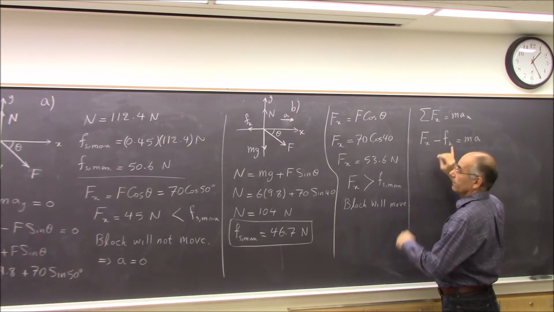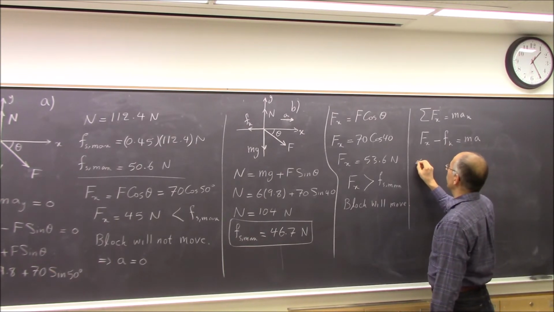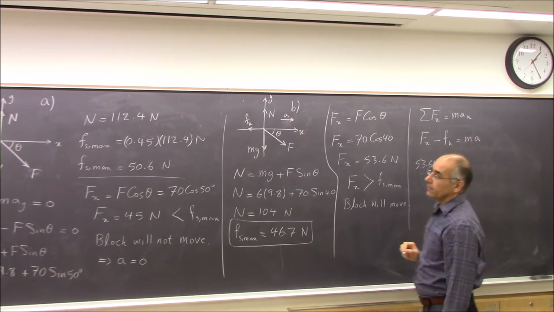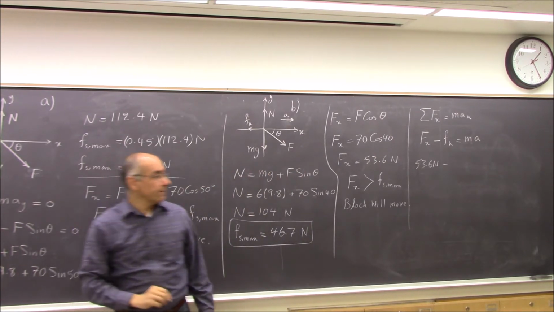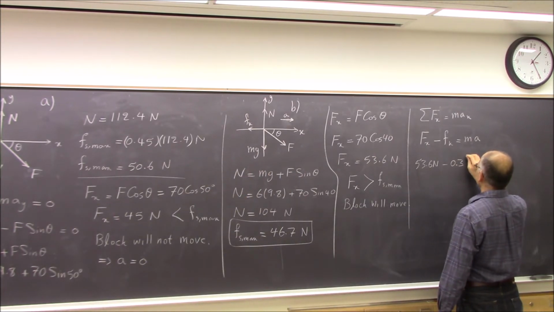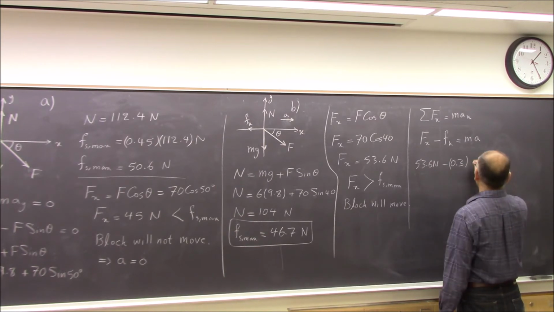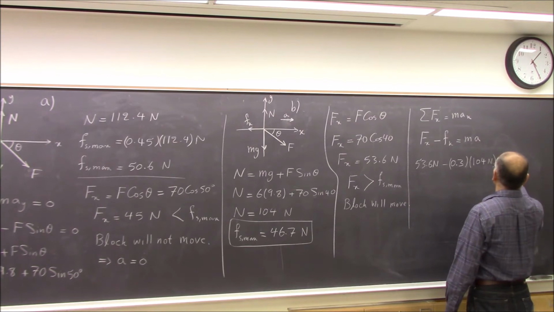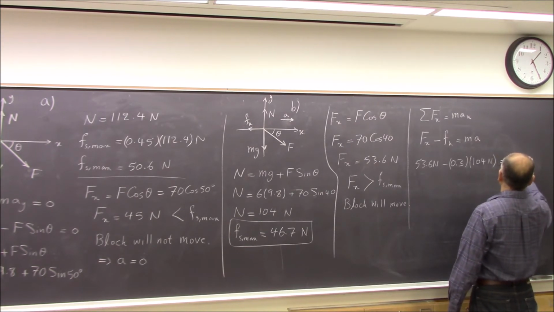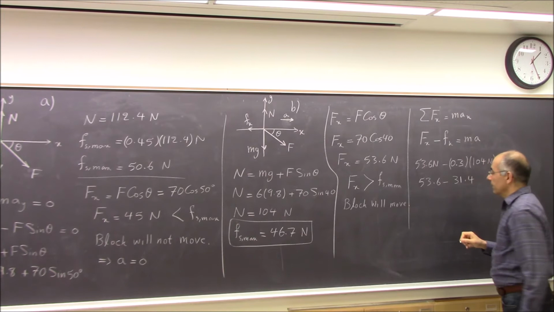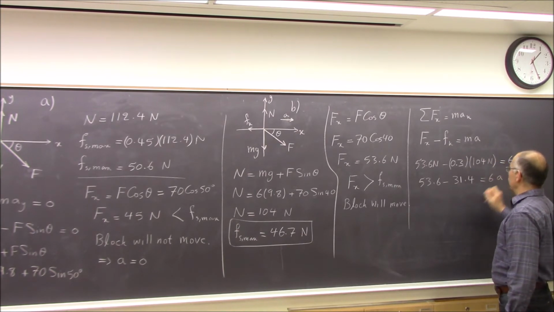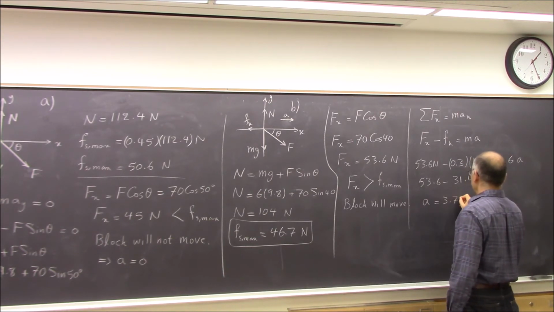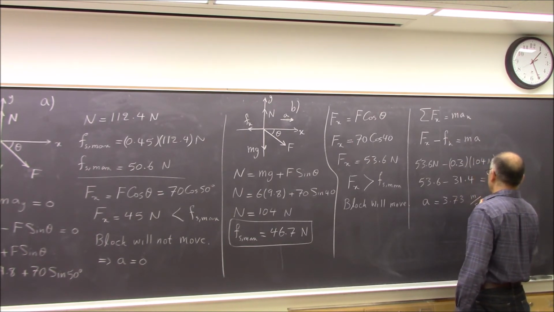Fk is mu k times the normal force. So that is 53.6 Newton minus mu k, which is 0.3, times the normal force, which is 104, equals m, which is 6, times acceleration. 22.4 equals 6a, and then a will be 3.73 meters per second squared.